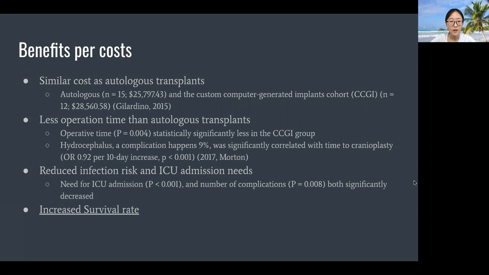At the same time, hydrocephalus complication happens at a really high ratio, and the chance of this can be significantly reduced because of the shorter operation time. Furthermore, it can reduce infection rates and ICU admission needs. Combining all of this, we can ensure our implant will increase the survival rate and the patient's quality of life.